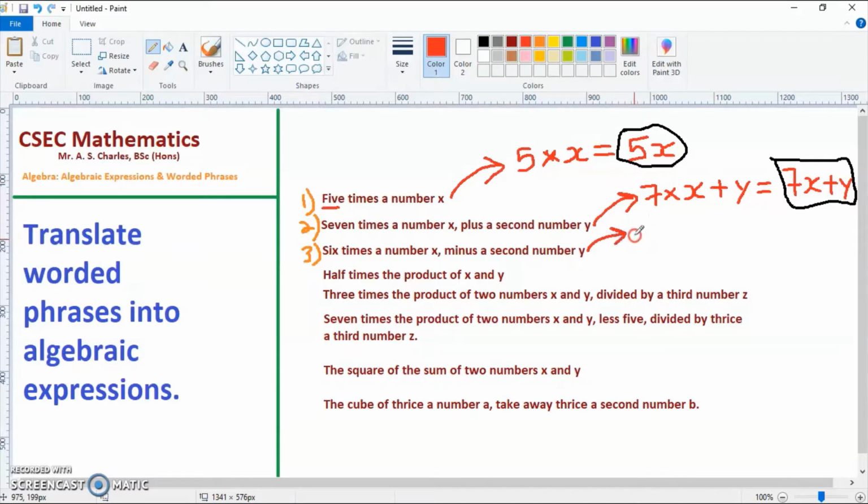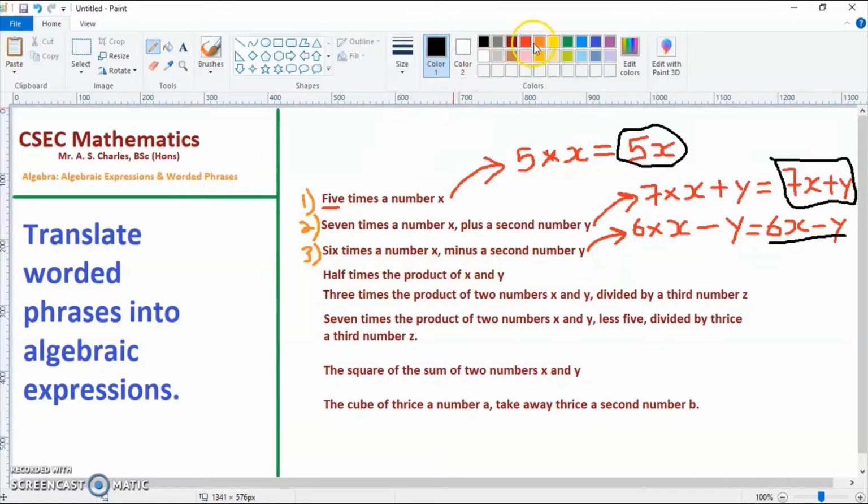That's 6 multiplied by x minus, so we have to introduce the subtraction sign here, minus a second number y. We can simplify this as 6x subtract y, and that's our answer there. So 6x subtract y is the same as 6 times the number x minus a second number y.